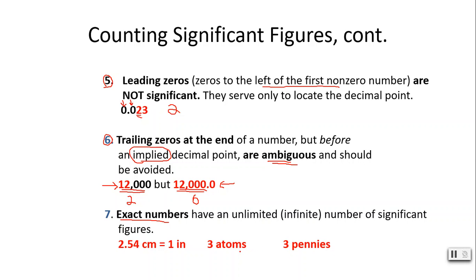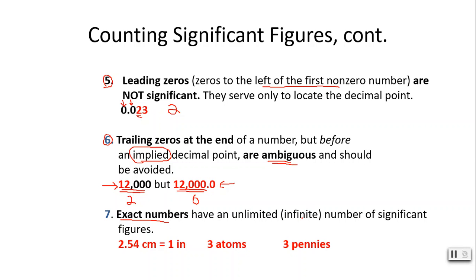With regards to things that you count, like atoms or pennies, there isn't half an atom or half a penny. It's exactly 3 pennies or exactly 3 atoms. So those exact numbers have an unlimited number of significant figures. So those are the rules for significant figures. If it sounds confusing, take heart.